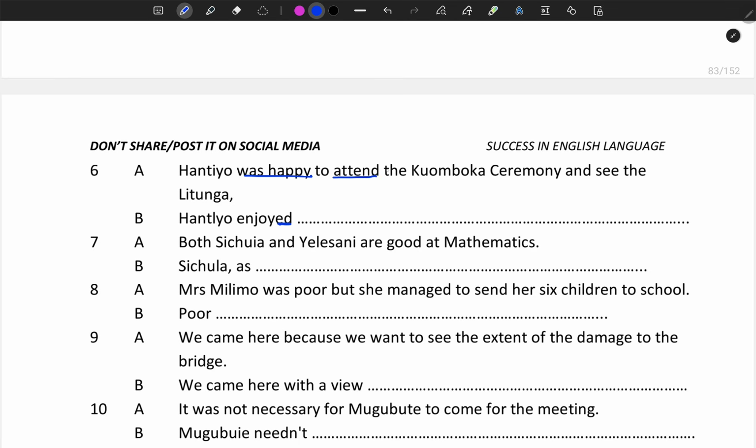So the attend changes to ing. So Hantio enjoyed attending the Kuomboka ceremony and seeing the Litunga.